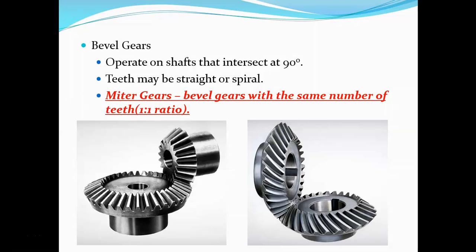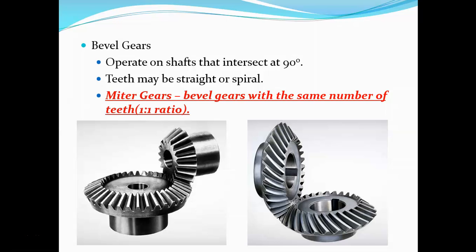So the teeth can be straight, like on the picture on the left. You've got straight teeth on that. And then on the right, the teeth are cut at an angle. They're spiraled, they call it. So you can have different ratios of these, but if you have two bevel gears that have the same number of teeth, these are considered miter gears.